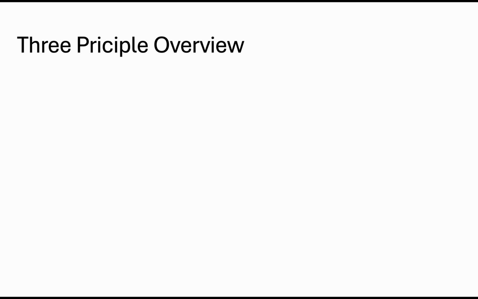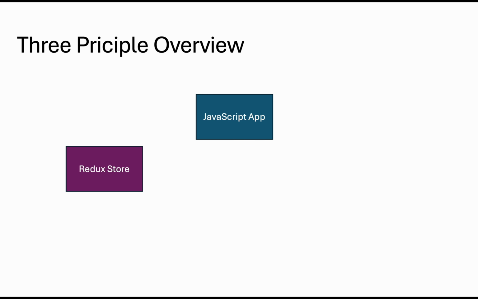So let's take an overview of how it will look in a JavaScript app. Let's say I have a JavaScript app and then I have, separately, a Redux store that keeps a state inside it. We need that store in our JavaScript application, so we subscribe to that store.